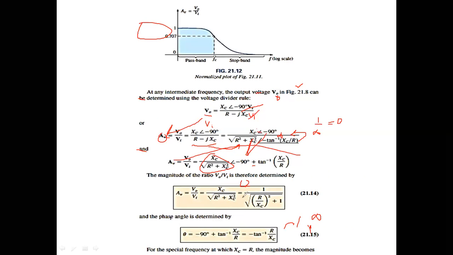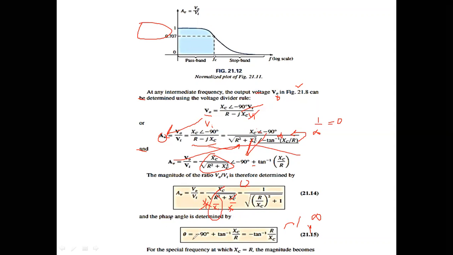Now taking Xc common from the numerator, so Xc over Xc, and this will also be divided by Xc. So this Xc will be cancelled out, so 1 over the square root of R over Xc whole squared plus 1.